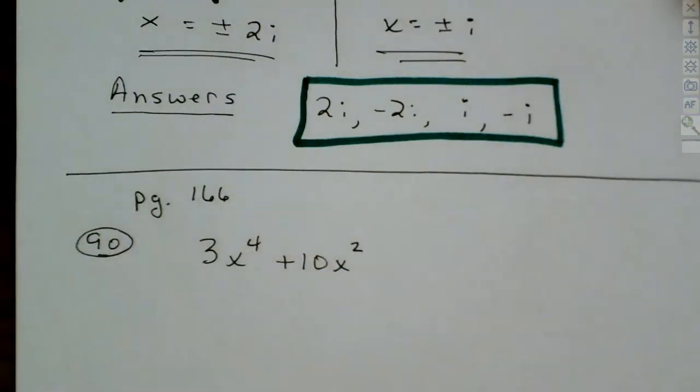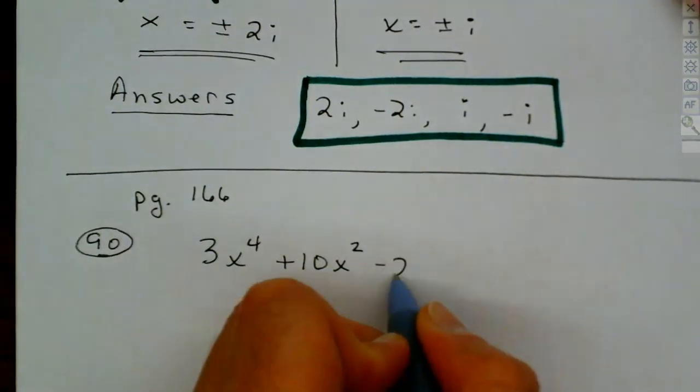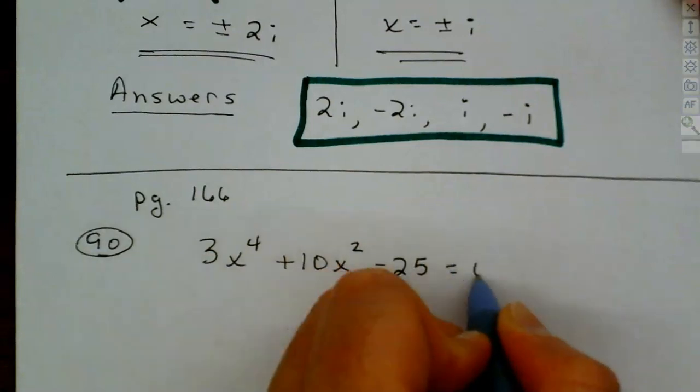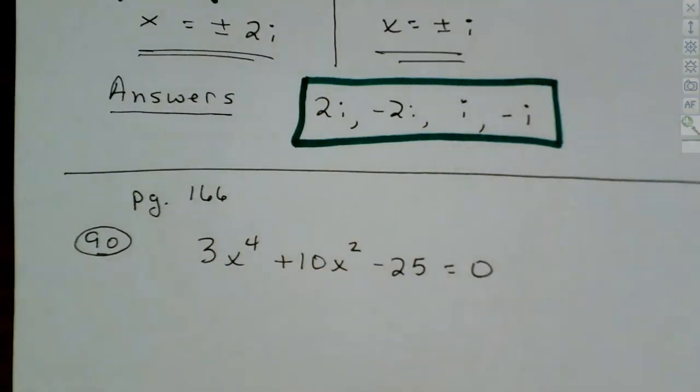We're going to try our best to factor this one out. So how many solutions should we end up with? We should end up with 4, right? Why 4? Up to 4. Now we may only have 2 because you might have a double root, but we can have up to 4 because that's our highest power.